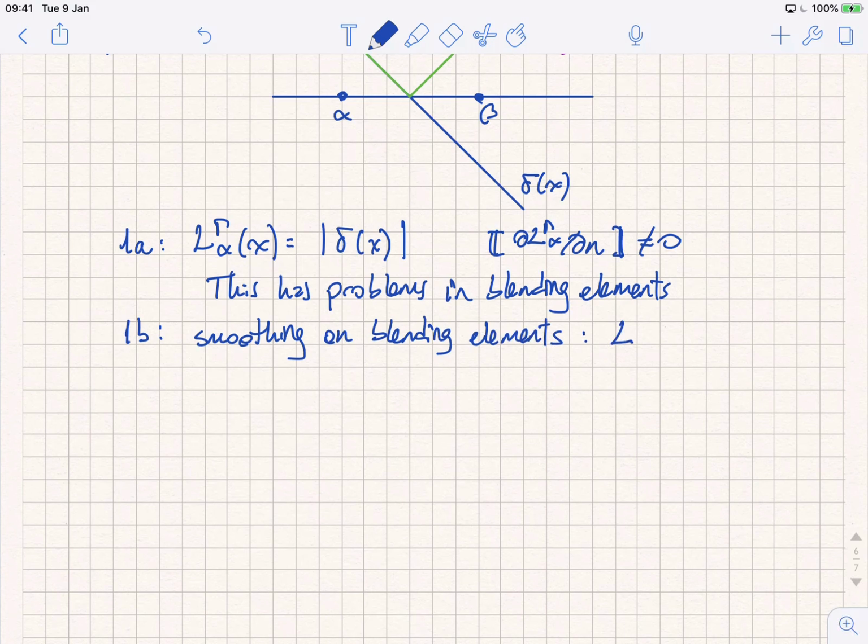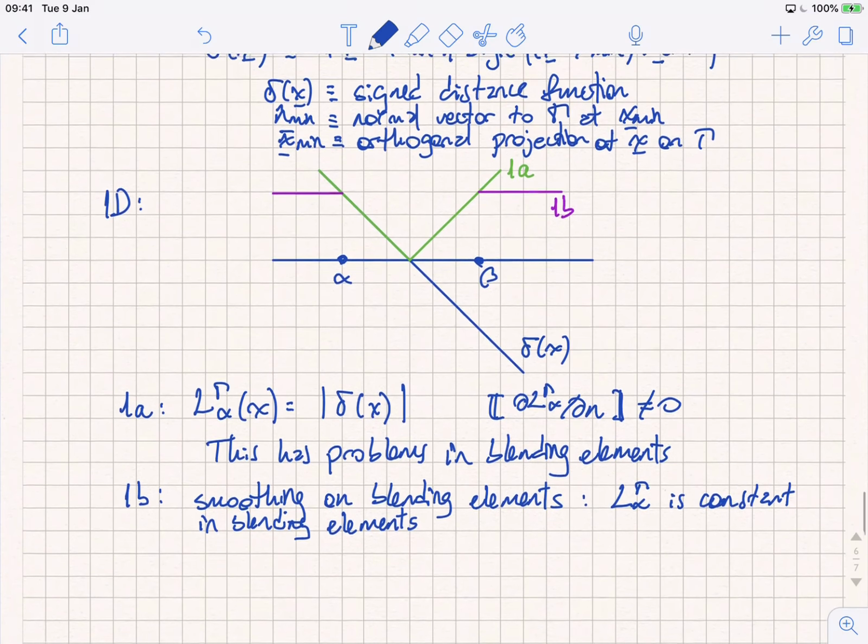That means that our function is constant in those elements.